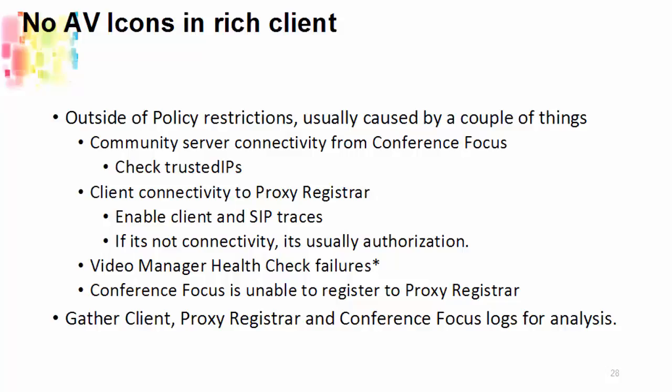If the conference focus isn't talking to all of your community servers, then the community servers it's not talking to would not have AV services for those end users. So check your trusted IPs, check your network, make sure that the conference focus can talk to all the servers it's supposed to. Client connectivity to the proxy registrar is your next most obvious problem.